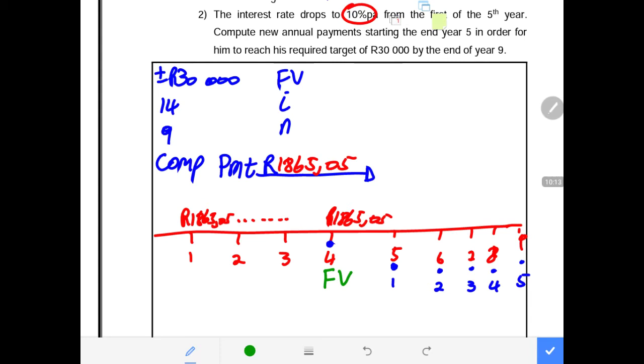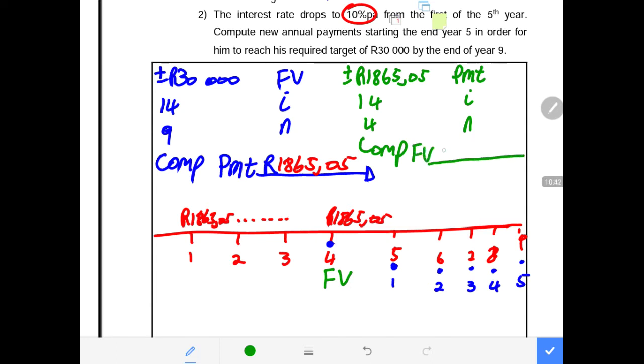So let us do that calculation now, and we say plus minus 1865.05 is our PMT. Our interest is at 14%, N is 4 years. Then what are we calculating? We're calculating the future value of the payments before there was a change in interest rate.